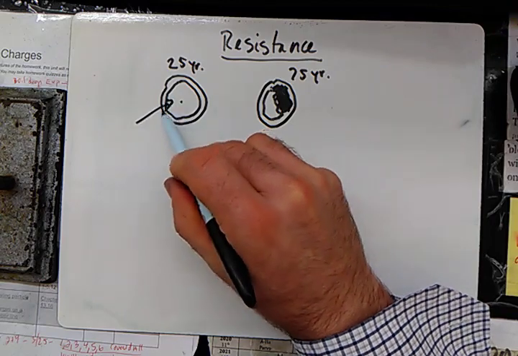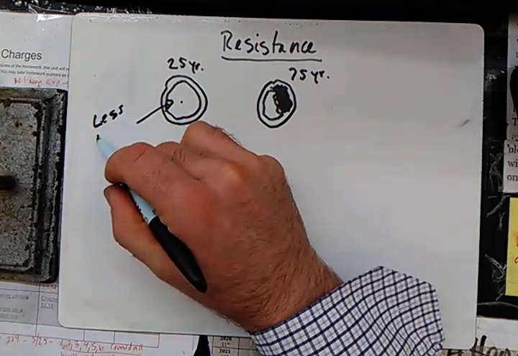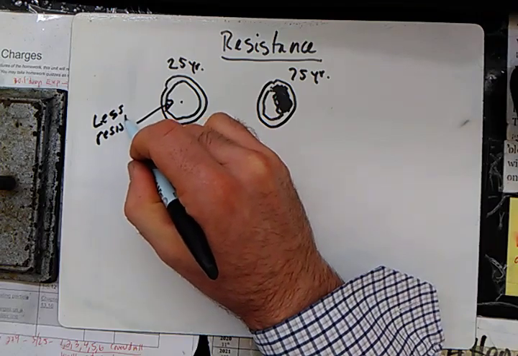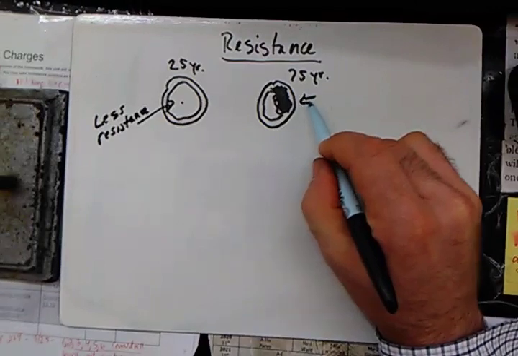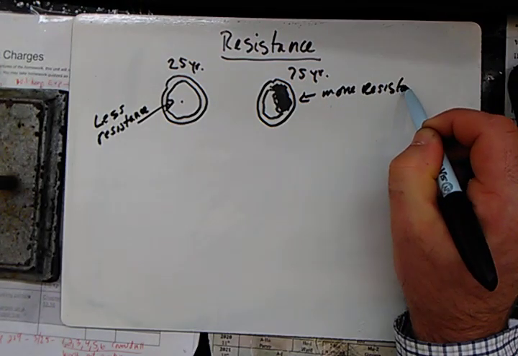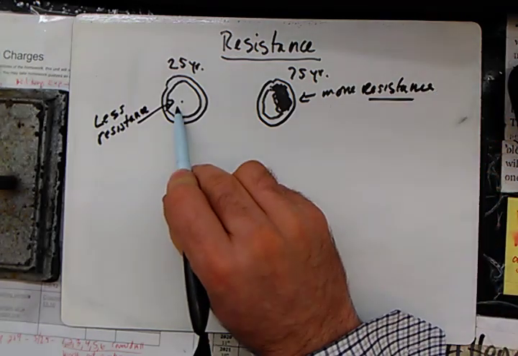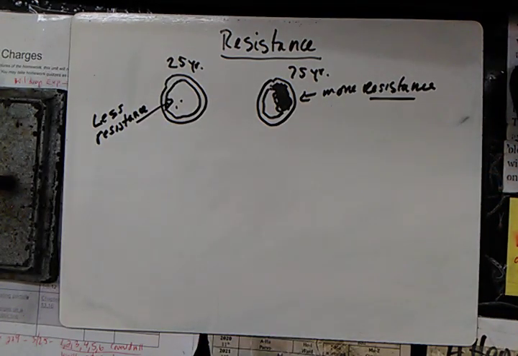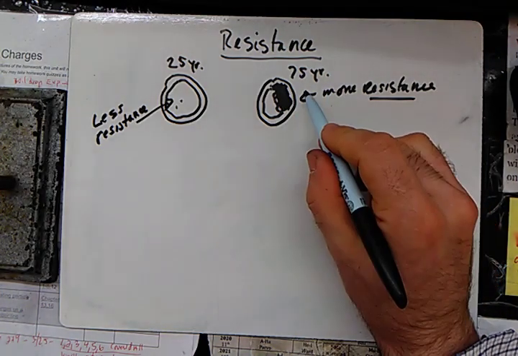This is going to have much less resistance. Okay, this one's going to have more resistance. So this one's going to allow the flow of the blood. This one's not going to allow for the flow of that much blood.